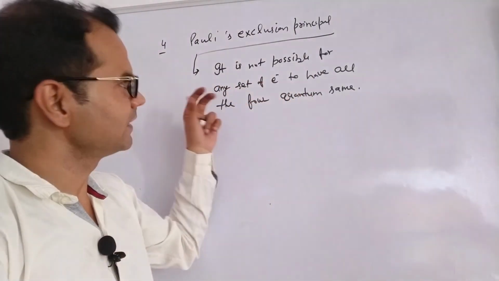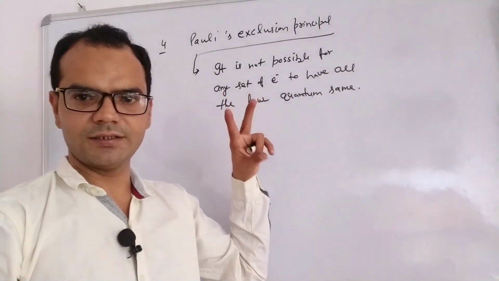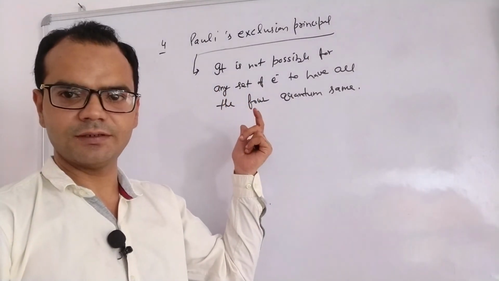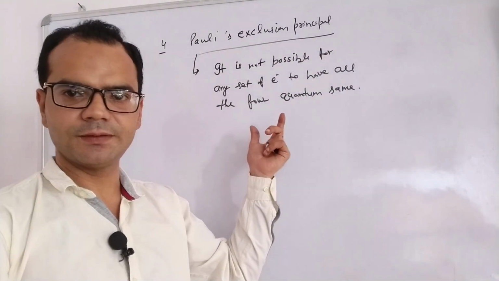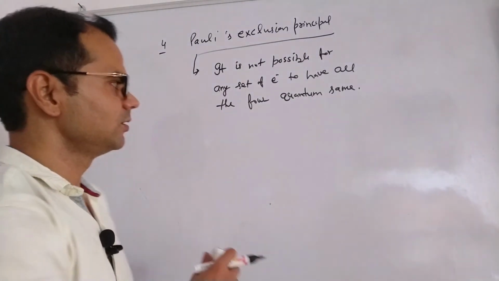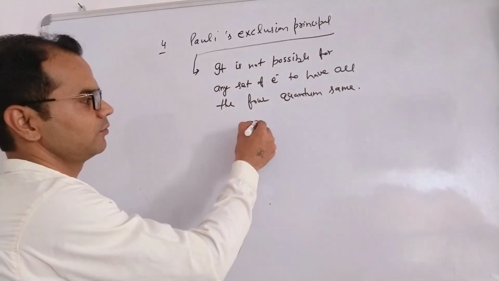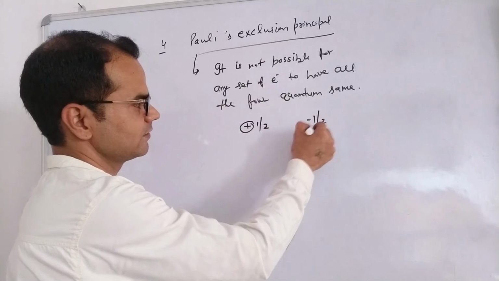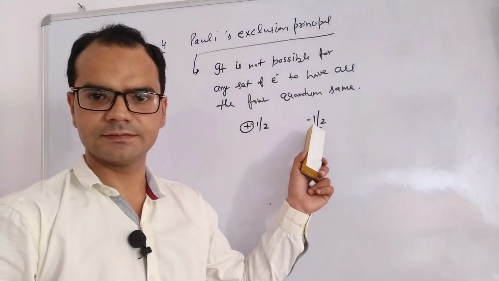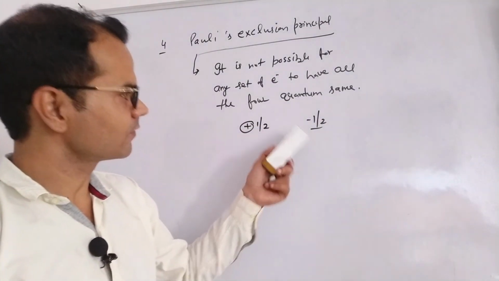Or alternately we can say one orbital can contain 2 electrons with opposite spin. One is clockwise spin and the other is anti-clockwise spin. Clockwise spin we have represented with the positive sign, plus half, and anti-clockwise we have represented as minus half. Let's solve it again.